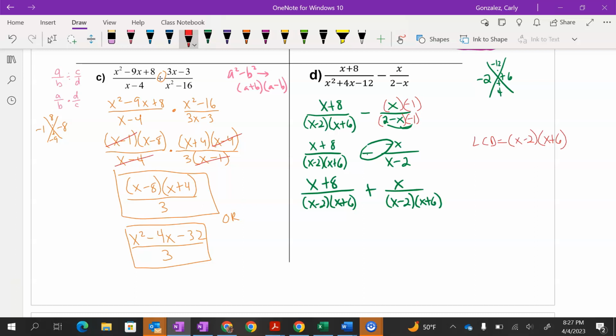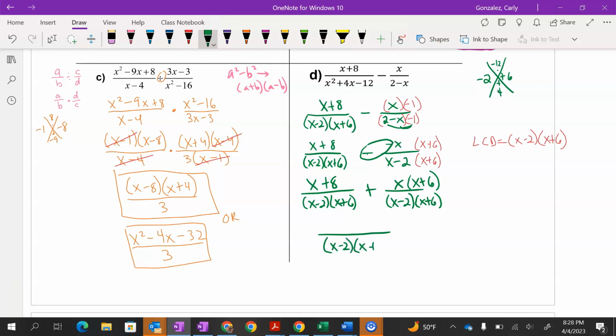Now in order to get this x plus 6 in the denominator, we have to multiply both the top and the bottom by that x plus 6. So we're going to end up with that x times that quantity, x plus 6. So now we're ready. We need all one denominator, and that denominator will stay the same.